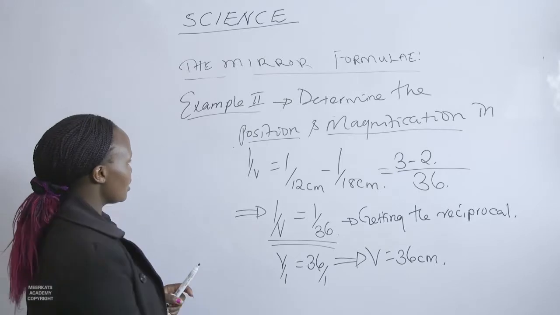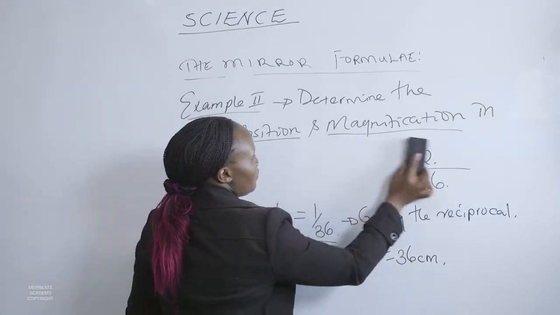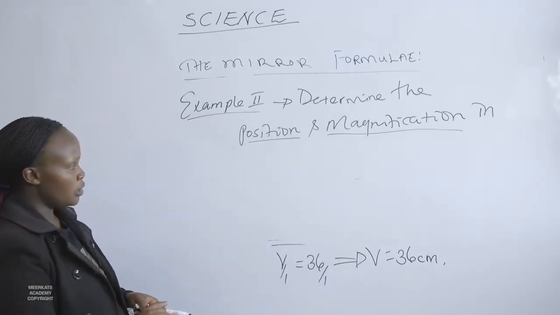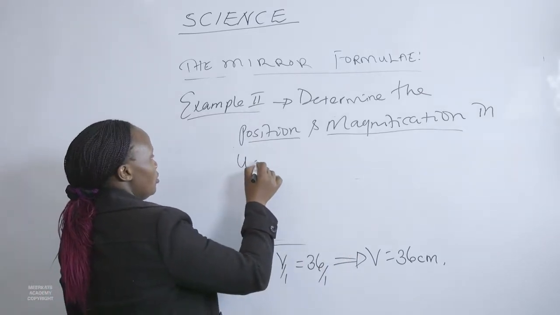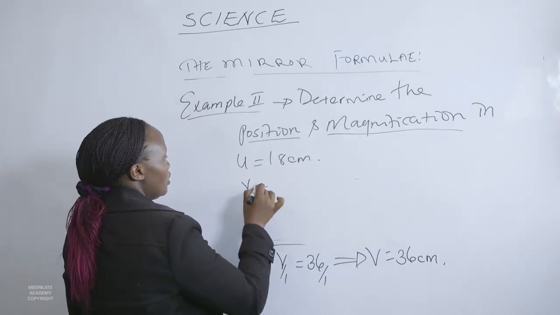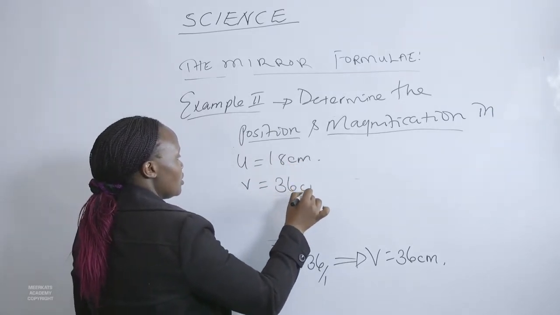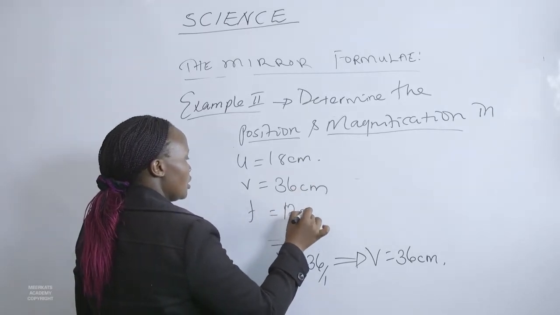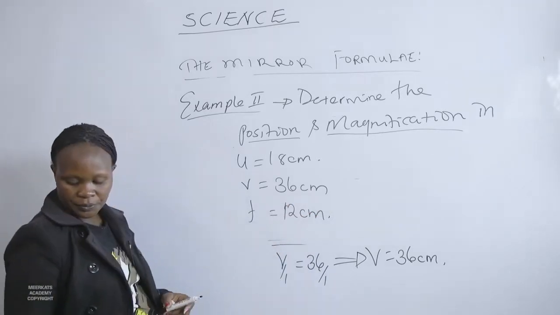So for our first case, we have U being equal to 18 centimeters, V being equal to 36 centimeters, and F being equal to 12 centimeters.